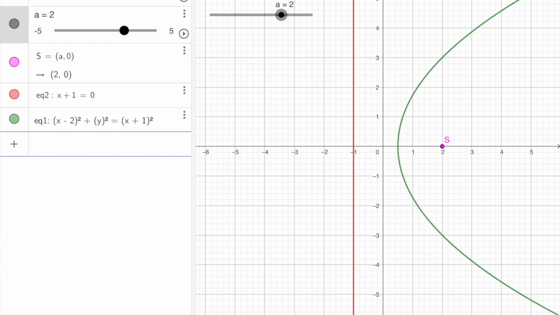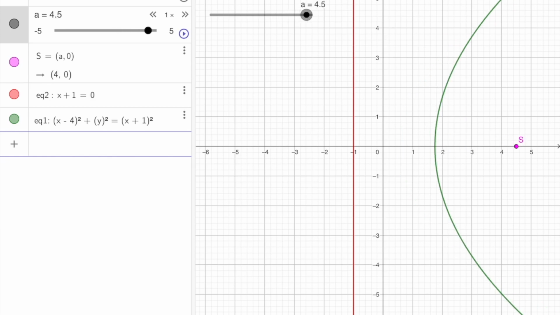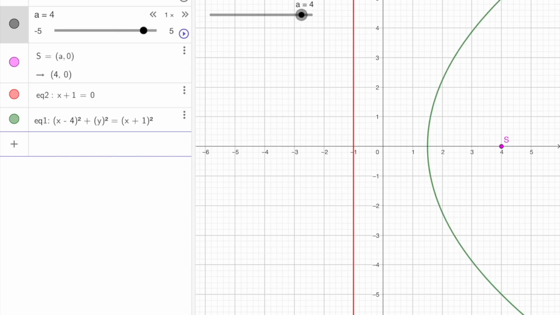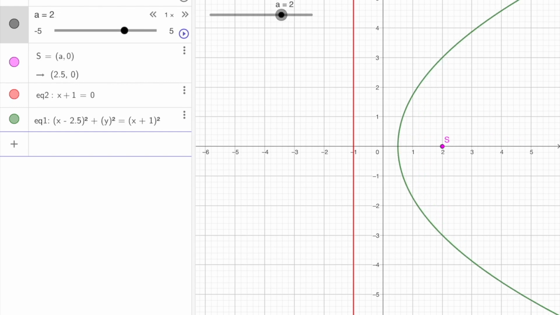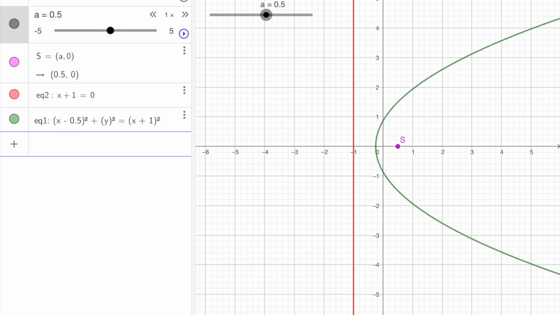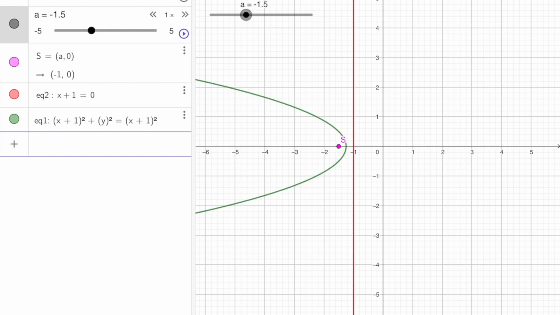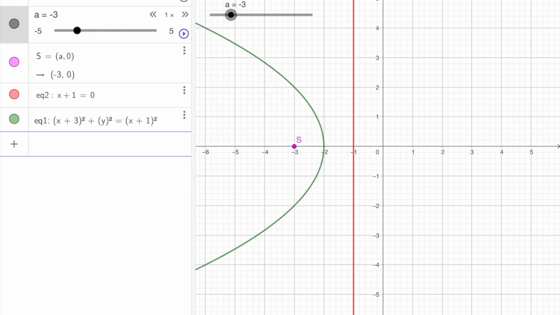Here the focus is (2, 0) for a equal to 2. If I change this a, you see what happens. Once the focus is sitting on the red line, it will become a line. See?